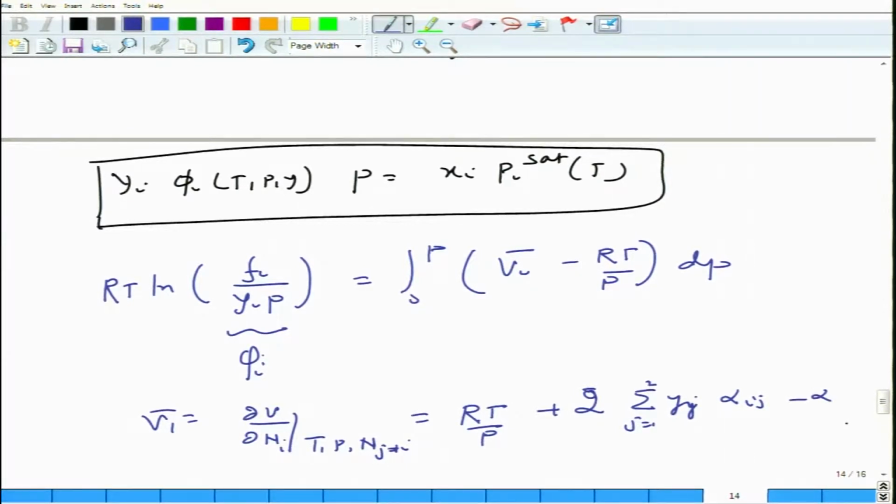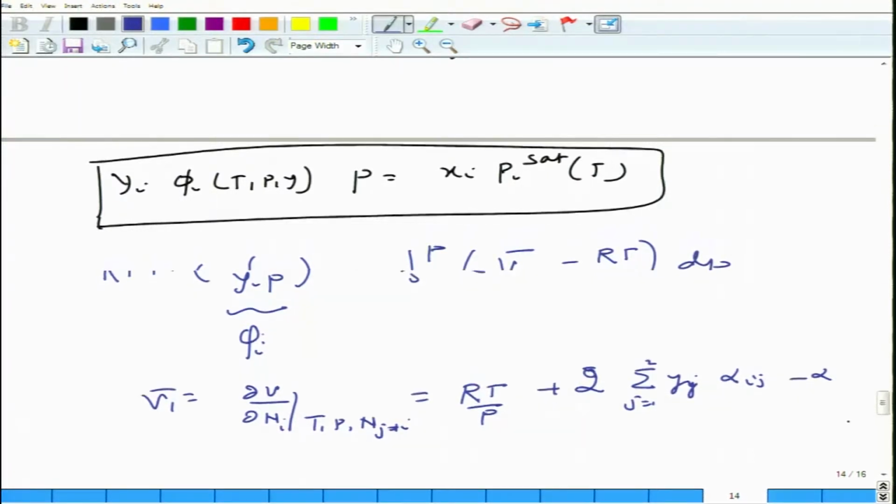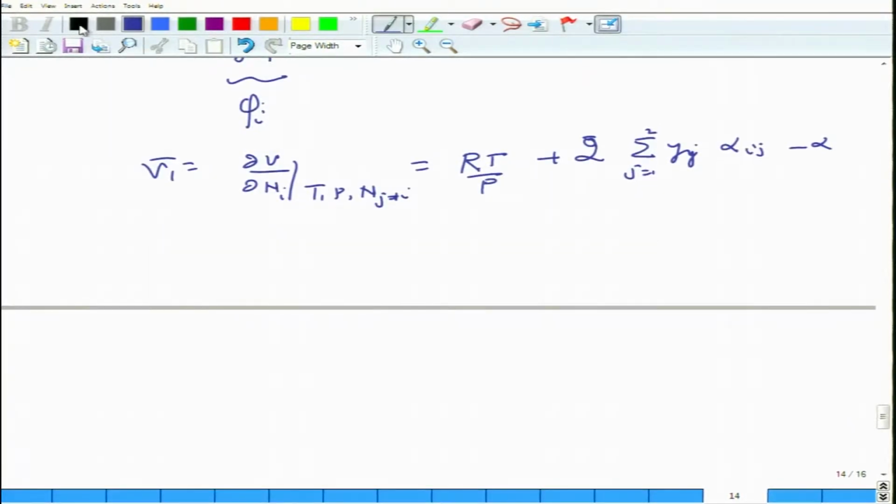Alpha is basically the sum of the values. I am not deriving this; you can find it by doing the exercise. What is alpha here? Alpha is y1 squared alpha_11 plus 2 y1 y2 alpha_12 plus y2 squared alpha_22. You can plug in these values of y and alpha, because you know them. The y's are given to you. This becomes 212.4.